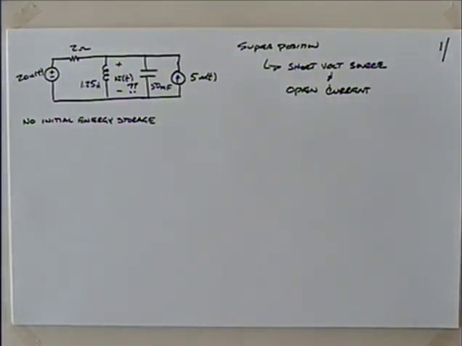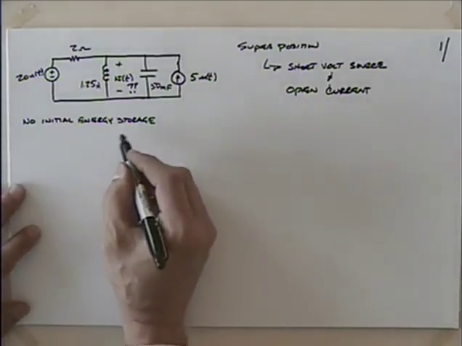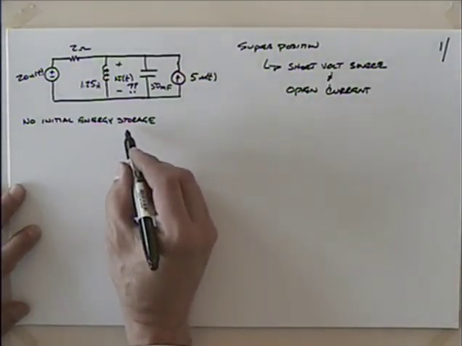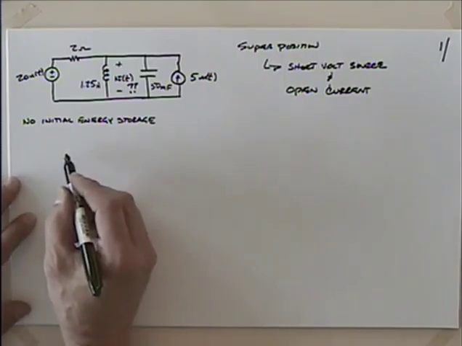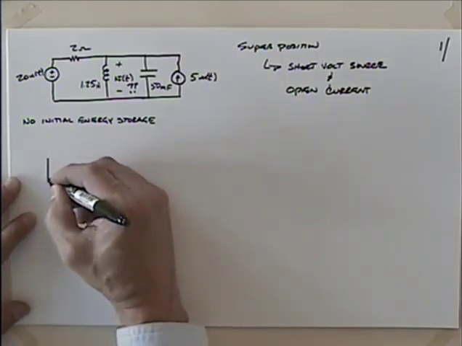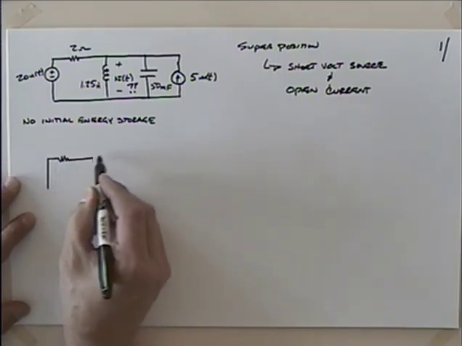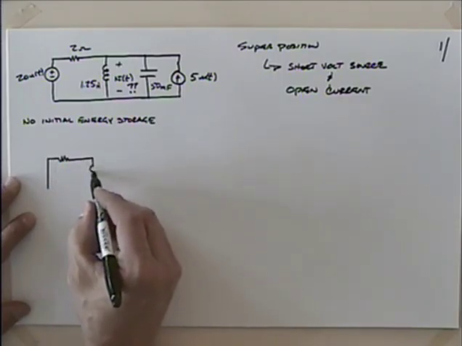And then we'll add those two solutions together to get the entire problem. So our problem will break out something like this. If I look at shorting out the voltage source, I'll have a problem that looks like this.